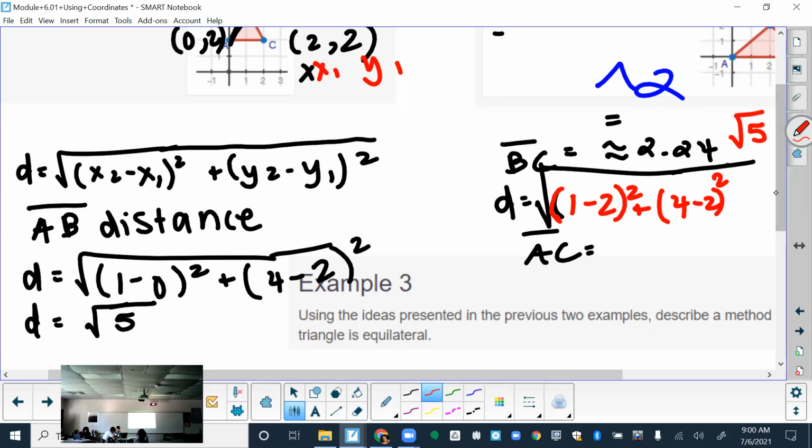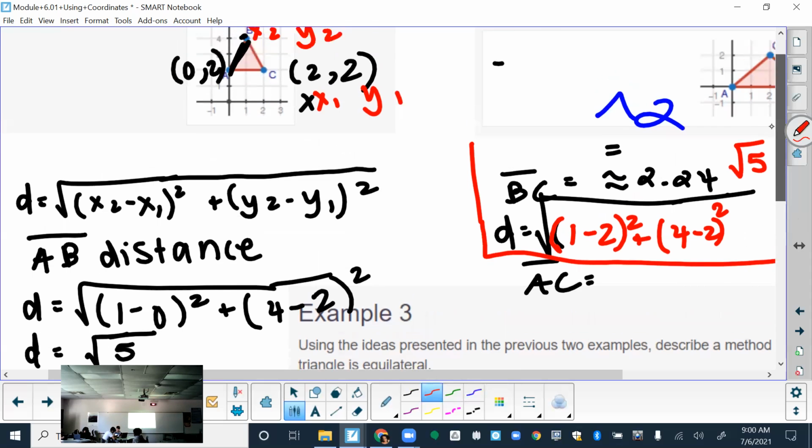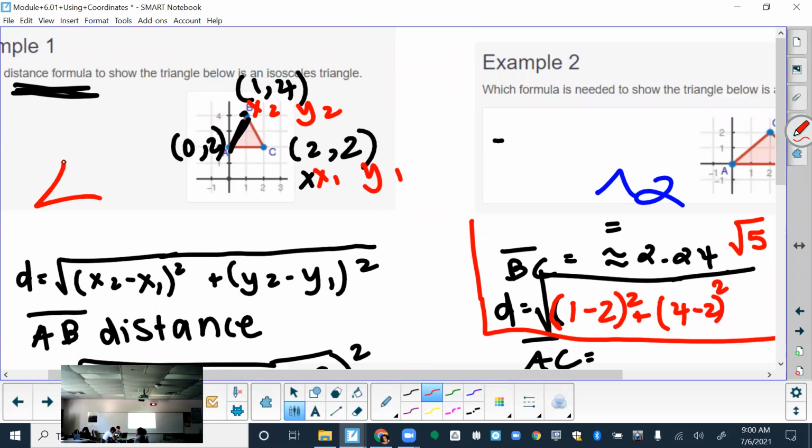Questions so far? So this is for BC, right? So if I'm labeling my picture, I'll label it down here. So far we established that AB is square root of 5.